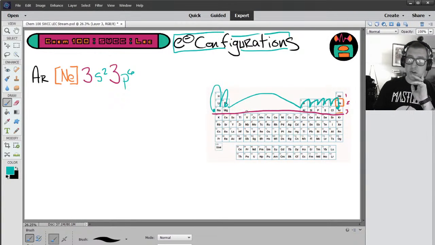So the electron configuration for argon is neon in a bracket, 3s2, 3p6.